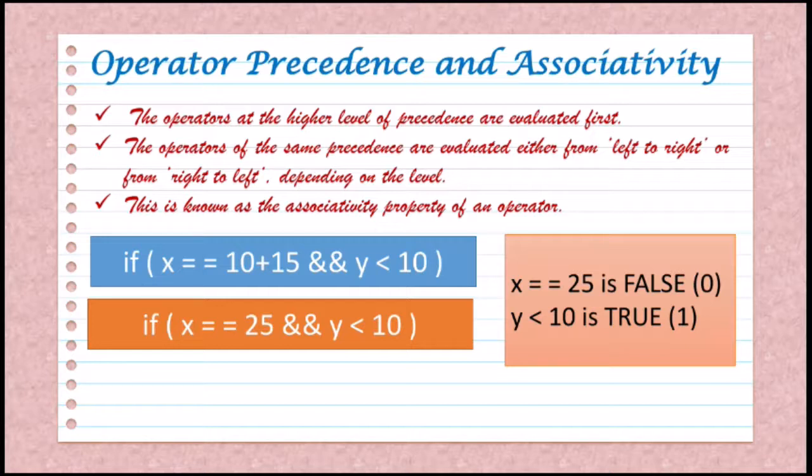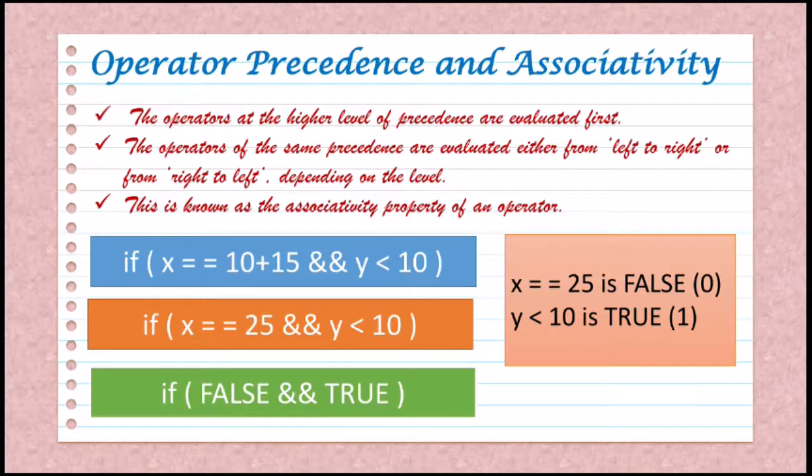Note that since the operator less than has a higher priority compared to the equal to symbol, y is less than 10 is tested first, and then x equal to 25 is tested. Finally, we will get if false, then logical AND true, and close the bracket. Because one of the conditions is false, the complex condition is false, and the answer will be 0.